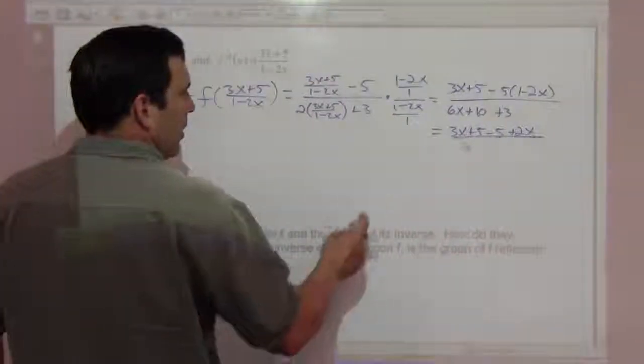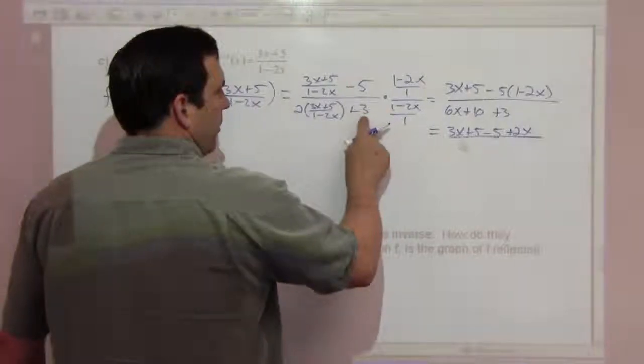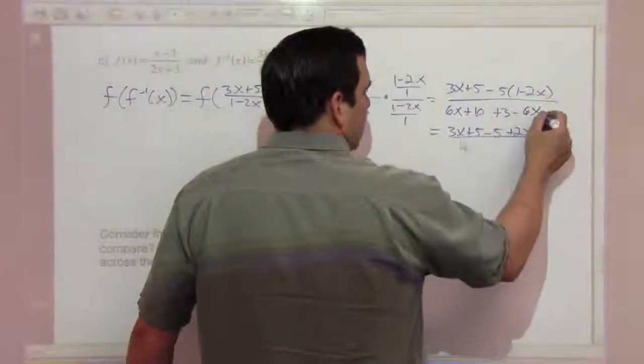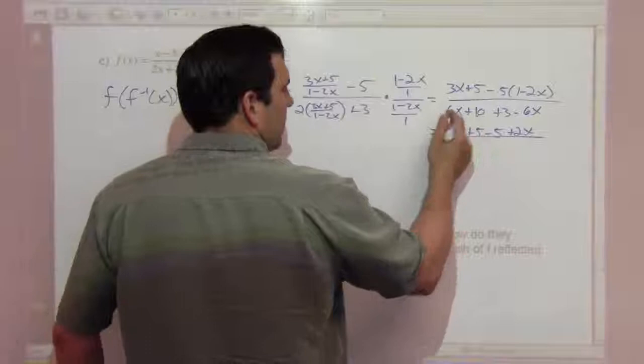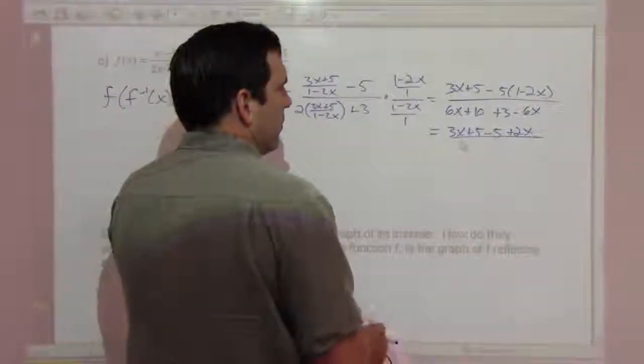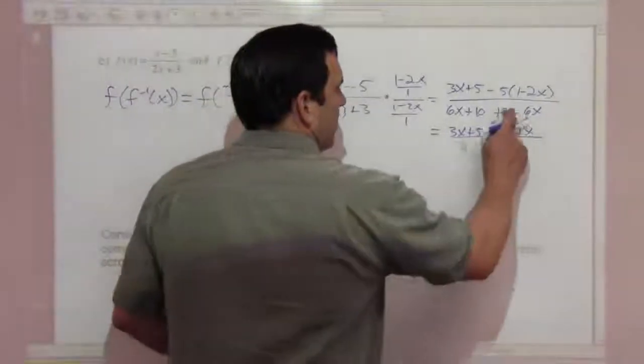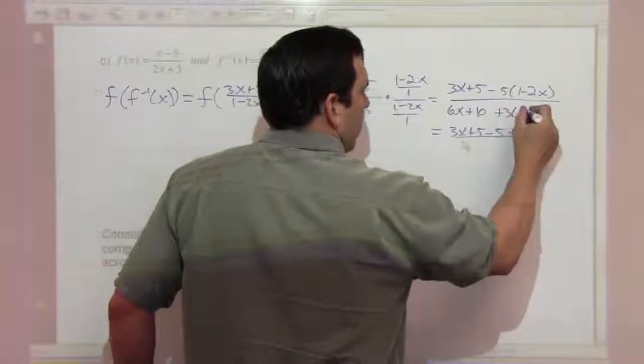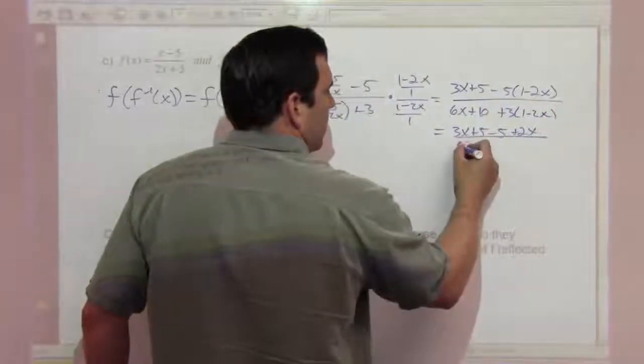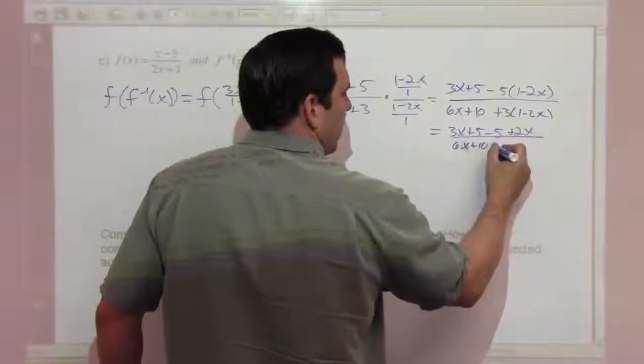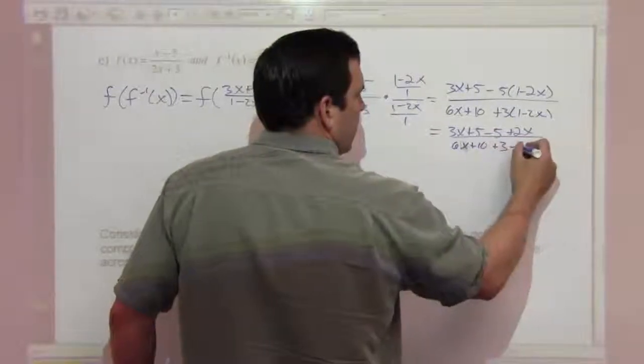I'm missing something. Oh, I didn't distribute this. 3x times 1 is 3x. 3x times negative 2 is negative 6x. Down below we have the 6x's cancel. Maybe I should do this in more steps. Do 1 minus 2x. Okay. So 6x plus 10 plus 3 minus 6x.